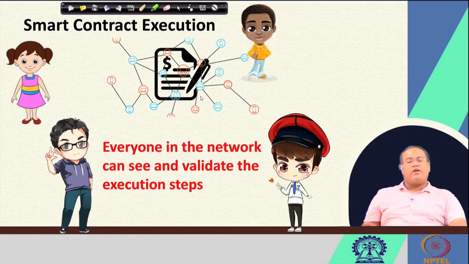We have certain tutorials as a part of this course which will explain how to write this contract, how to monitor its execution and so on, in the context of Ethereum distributed applications or DApps, and at the same time we will see another blockchain platform called Hyperledger Fabric. We will learn all this in detail, but here the broad idea is that you can have a completely decentralized model of executing the information.